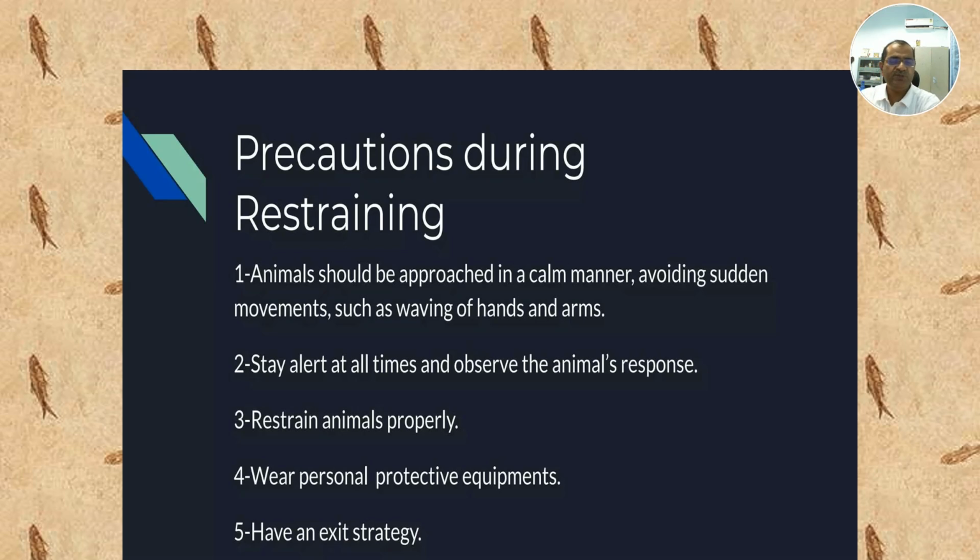So animals should be approached in a very calm manner, and one should take a very friendly approach with the animal, and avoid sudden movements, jerks, or waving of the hands and arms especially near the animals, and get well acquainted with the animal and be friendly with the animal. Then stay alert at all times.